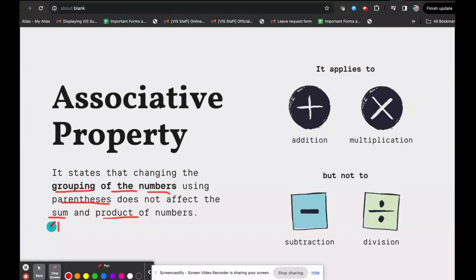Sum means addition and product means multiplication. If you just change the grouping of numbers using parentheses, it does not affect the sum, right? So it again applies to addition and multiplication, but it will not apply to subtraction or division.